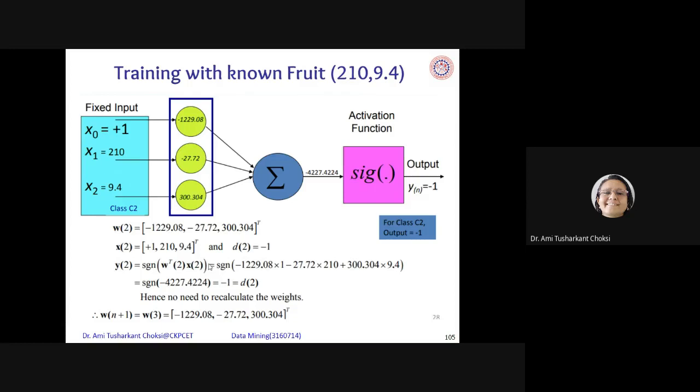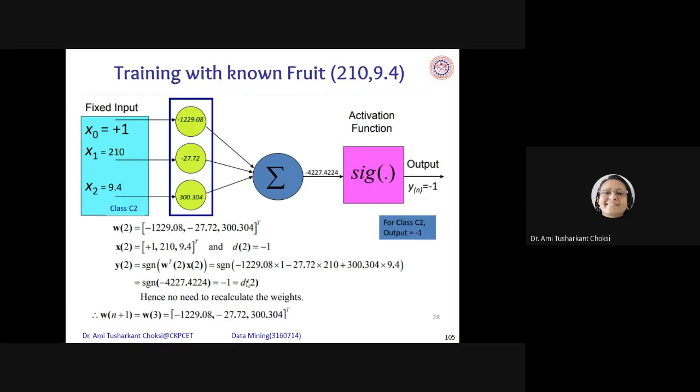That is equal to what? This is the transpose. So what we are taking is SGN of this, W times X for each term, and then doing the summation. That is equal to SGN of negative 4227.4224. So that is equal to minus 1, and that is equal to D2.